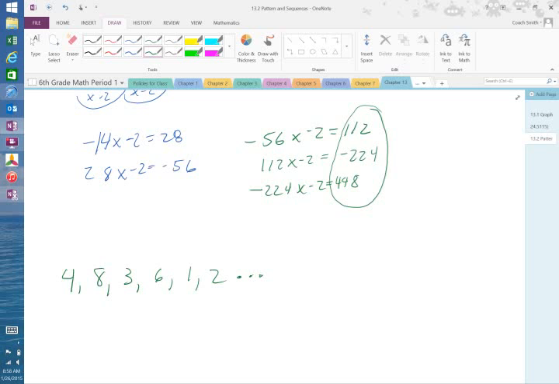All right, what's the pattern? Isaac? Okay, good. We multiply by 2, and then we subtract by 5.